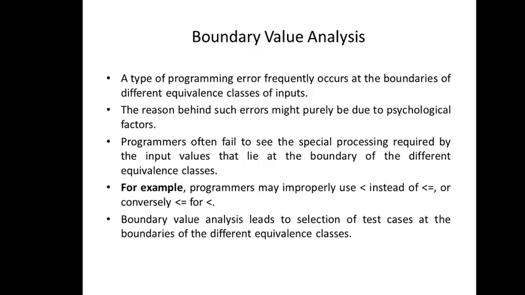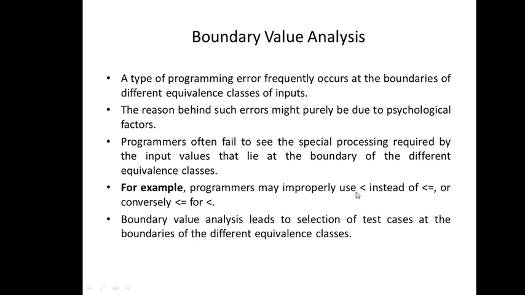Now another method, it's not actually a separate method, it is a modified version of the previous method, that is equivalence class partitioning, right? Normally the errors occur at the boundary, like if we have a range. Let's assume the example here. For class 1, which is for negative values, I'll write less than 0.